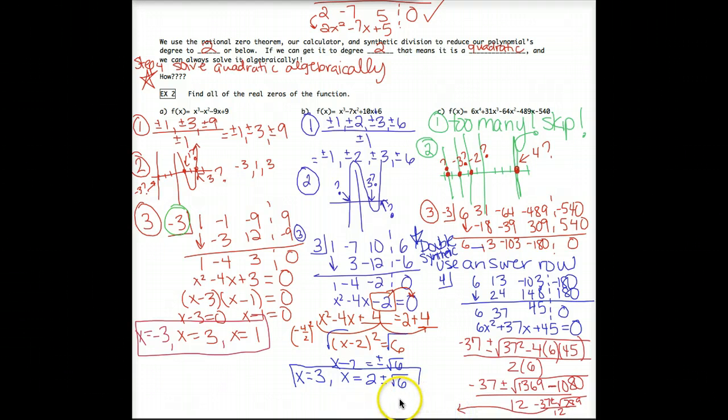The square root of 289 is 17, so I've got -37 plus or minus 17 over 12. So -37 plus 17 is -20. So -20 over 12 is one of my solutions. -37 minus 17 is -54. So I've got -54 over 12 as my other solution.